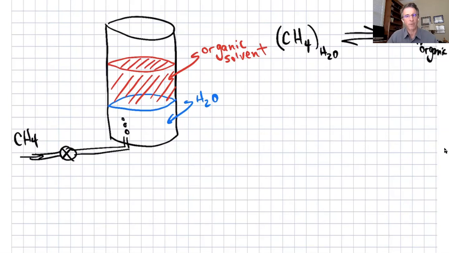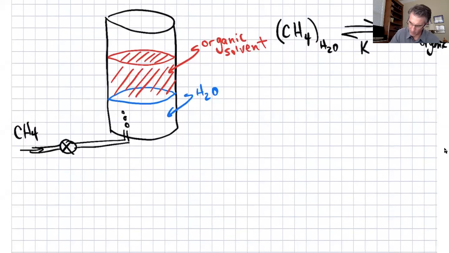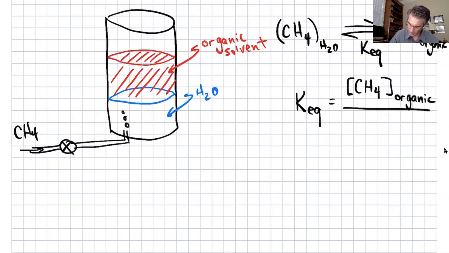And we know from everything we've been talking about up to this point that we can write down an equilibrium constant for that equilibrium. And we know how to define that equilibrium constant based upon our discussion last time. And that's simply that the equilibrium constant for this process is going to be equal to the concentration of the methane in the organic solvent divided by the concentration of the methane in the water, right?